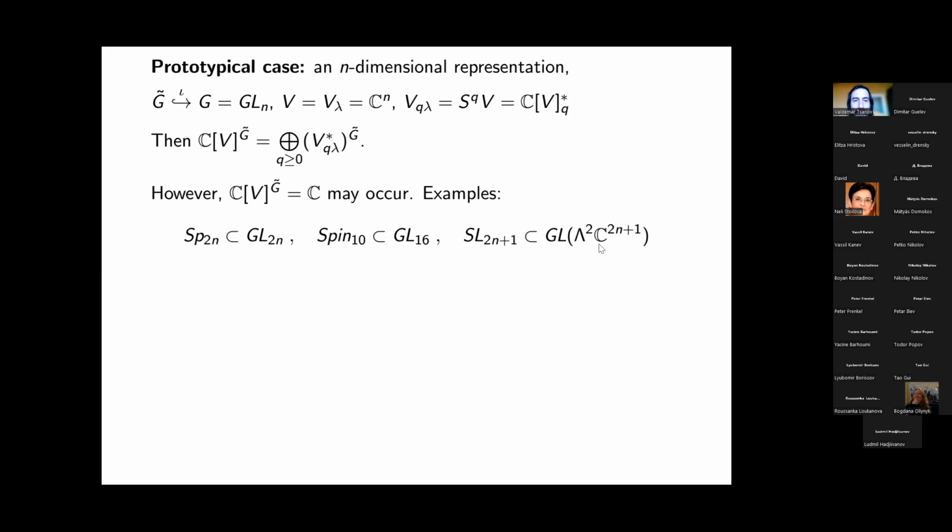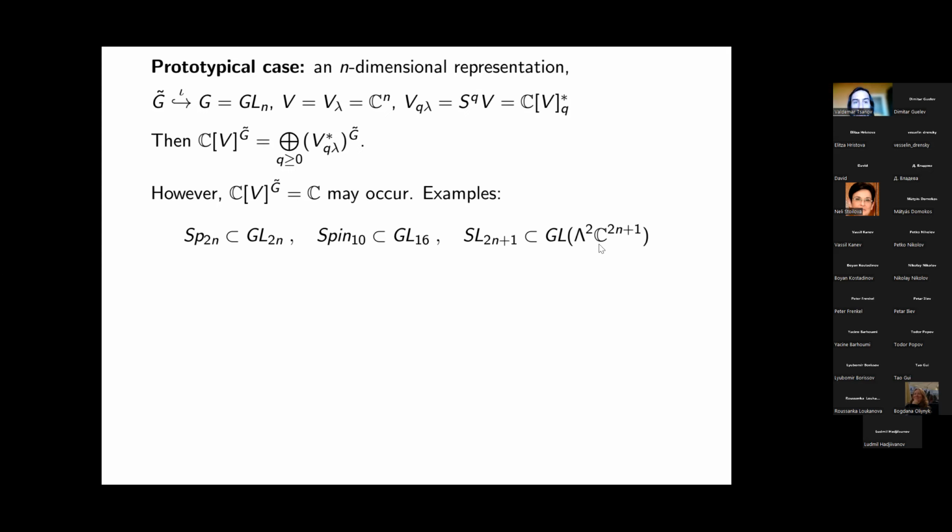And actually, Katz has classified all irreducible representations with polynomial rings of invariants, in particular with trivial rings. And the classification is not huge, but well, I have not listed it here. But there is a tangible classification. There are a few more representations. And this exhausts everything where there are no invariants.